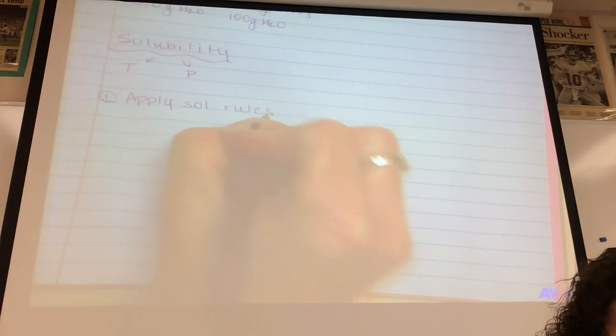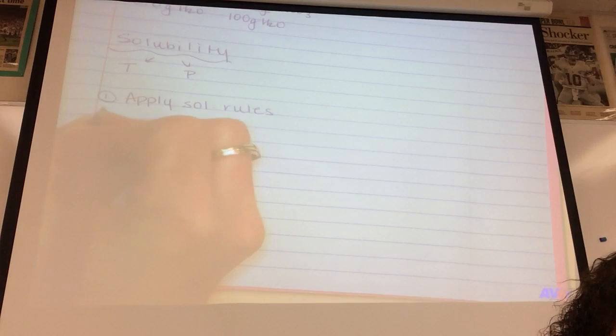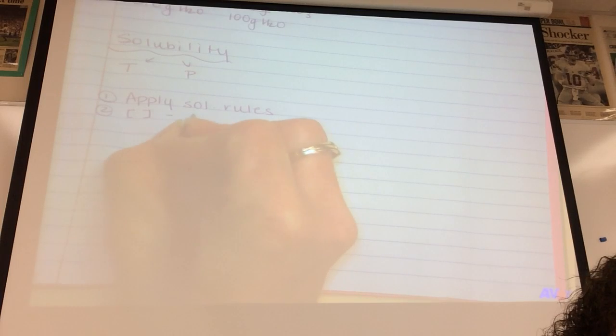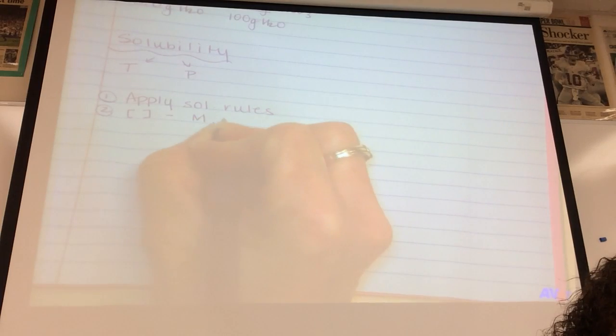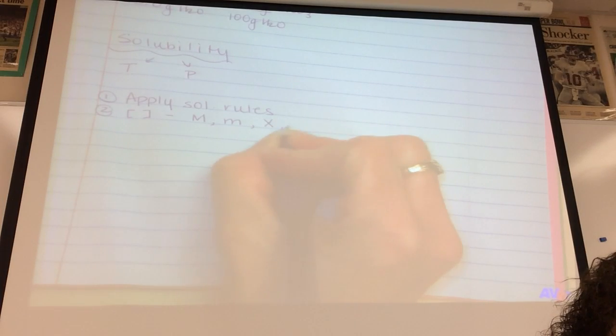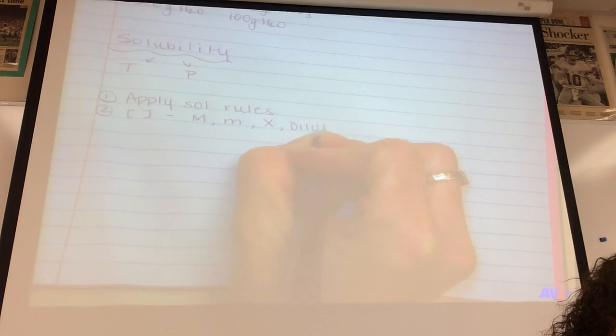They will be given to you. You need to know how to calculate different units of concentration, including molarity, molality, mole fraction, and dilution.